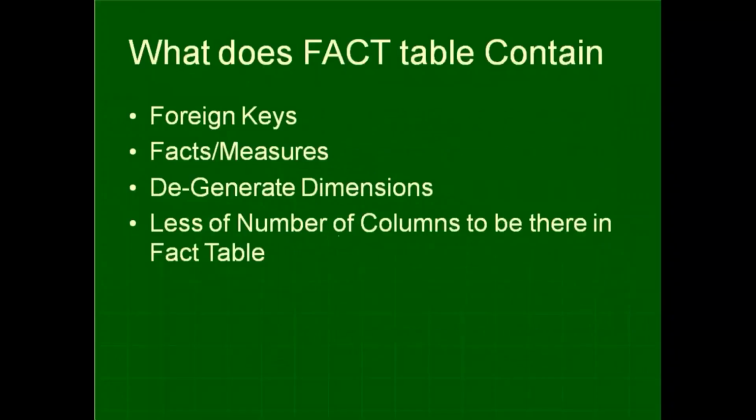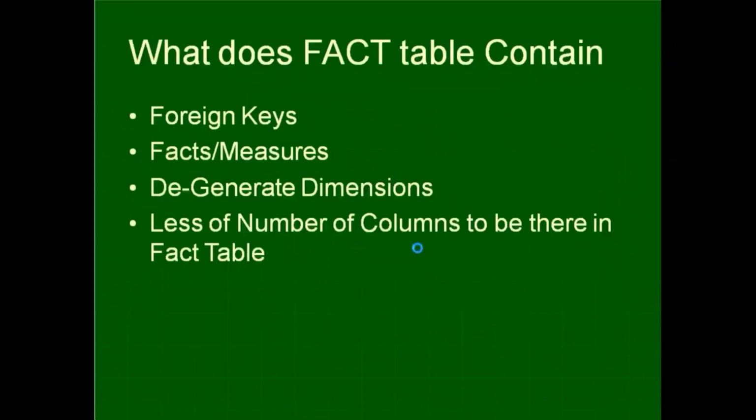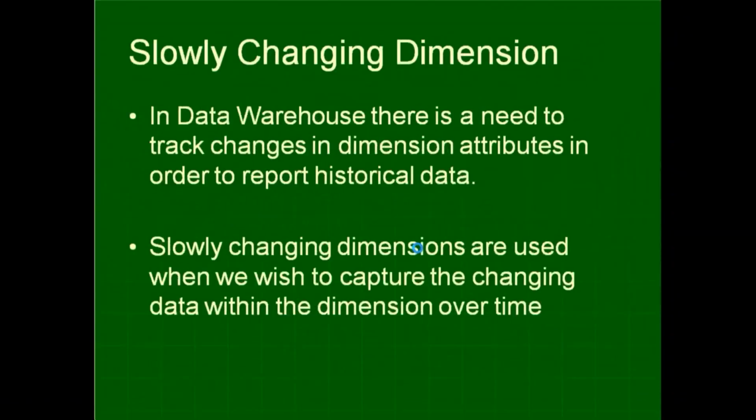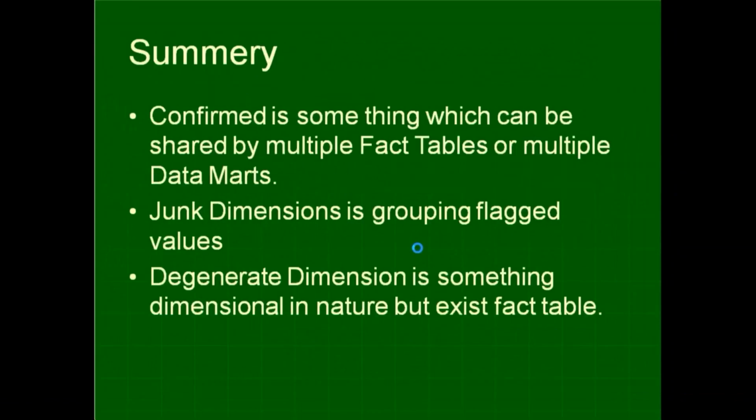And remember, keep a lesser number of columns in the fact table, because you cannot control the number of rows. So when you cannot control the number of rows, at least control the number of columns. Having 99 columns and having 95 columns, definitely you see the big difference. That is the point. Clear? So degenerate we also discuss tomorrow. Slowly changing dimension, inferred dimension, rapidly changing dimension, everything we'll discuss.